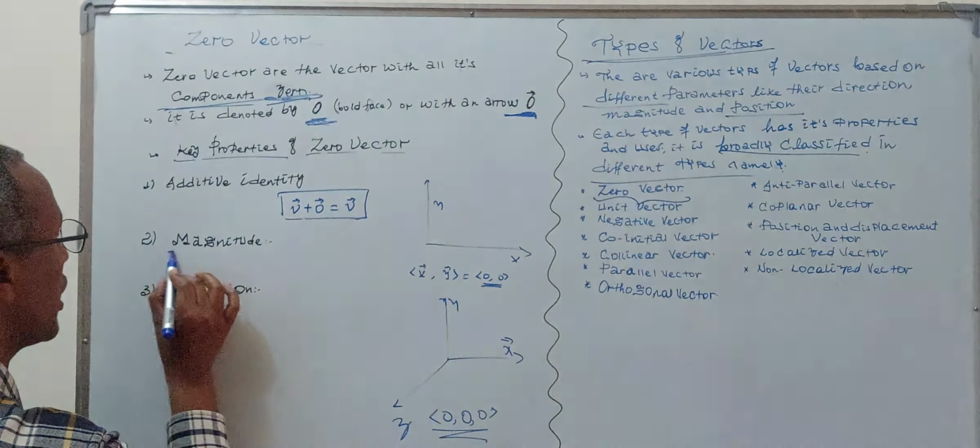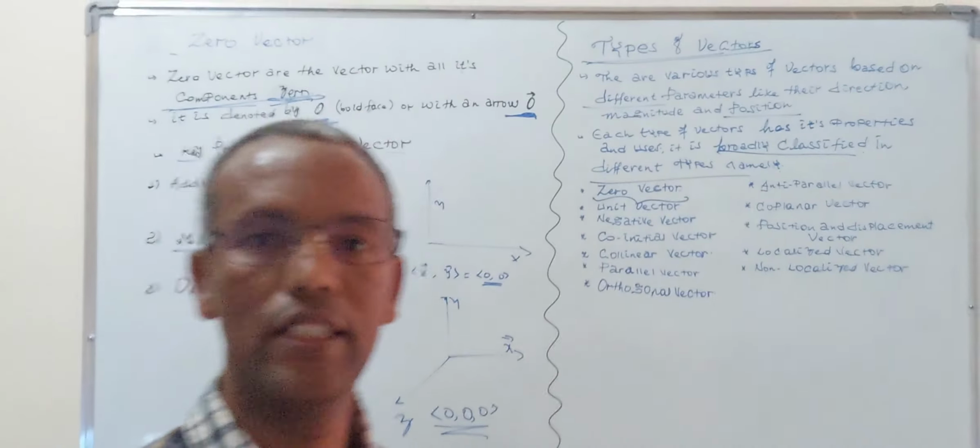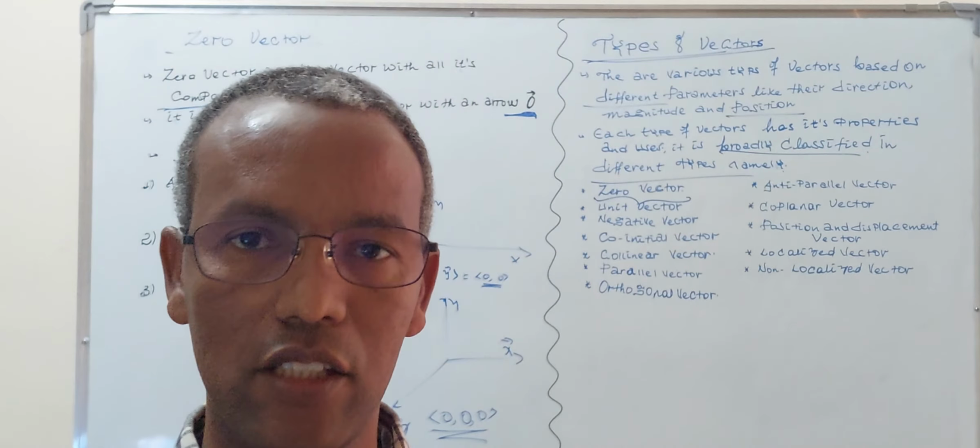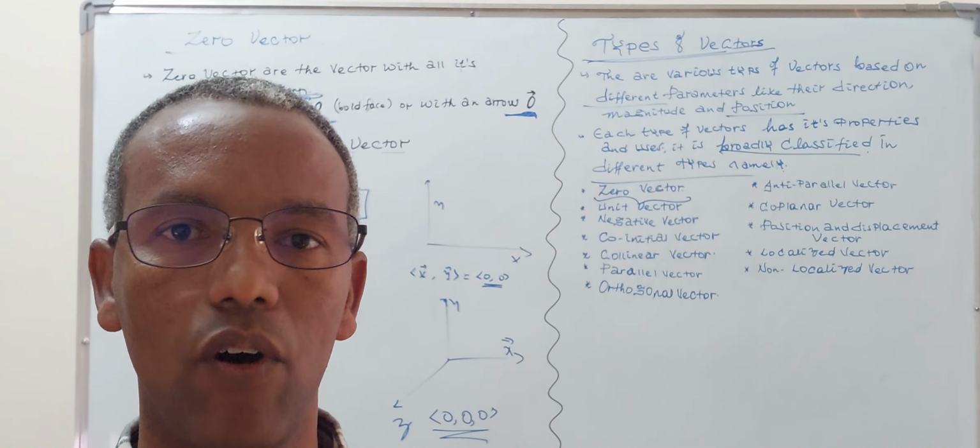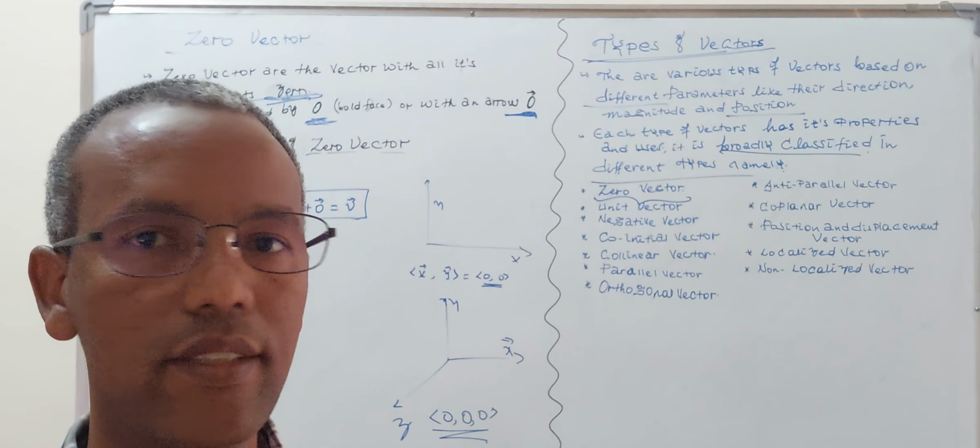Next, like I said, the magnitude of a zero vector is always 0.